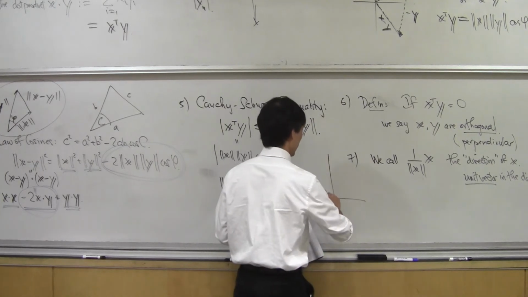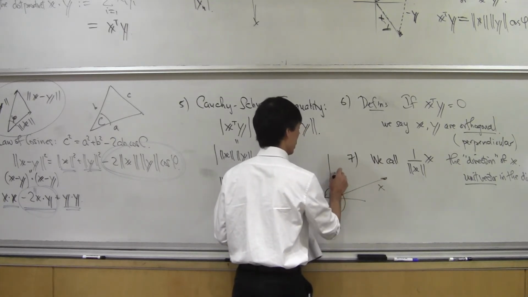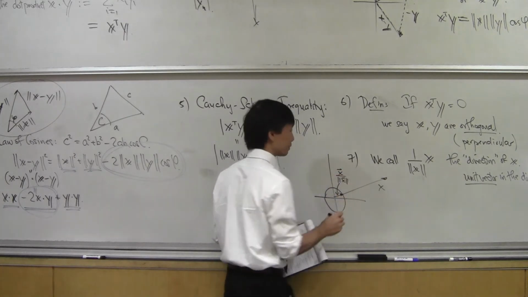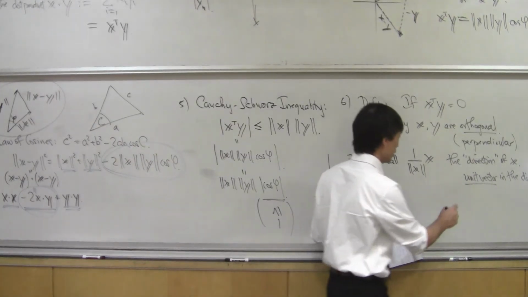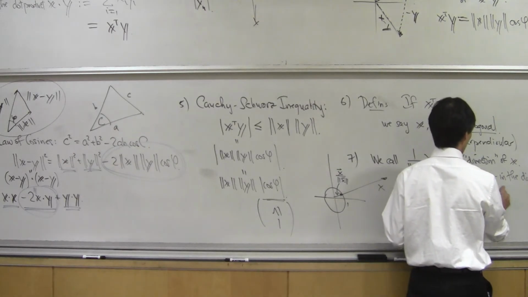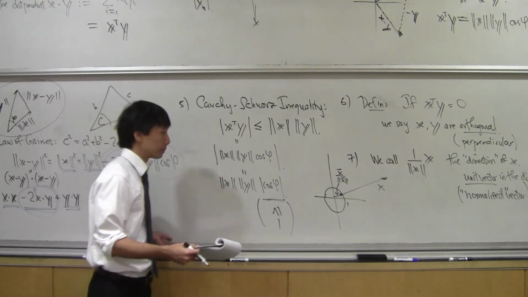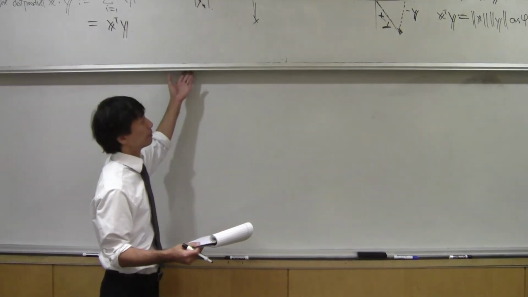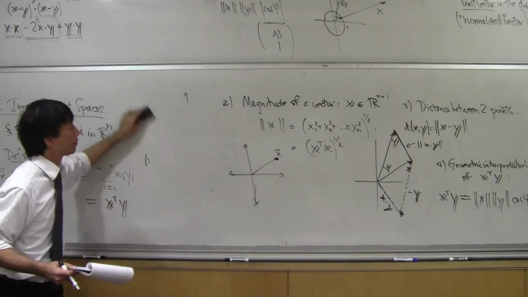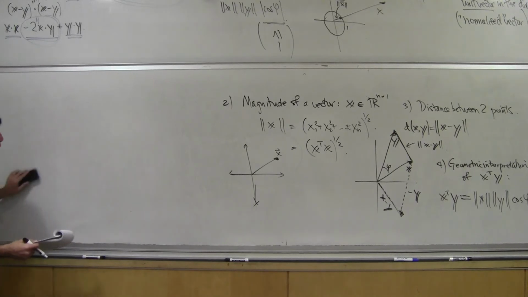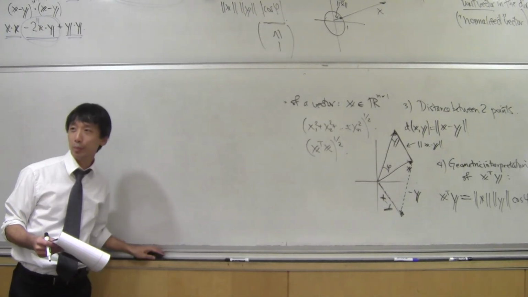So if this is your unit circle, and this is your x, then this guy is your x over its magnitude. We also call it a normalized vector. Okay, so we're just sketching out some ideas, most of which you've seen before.